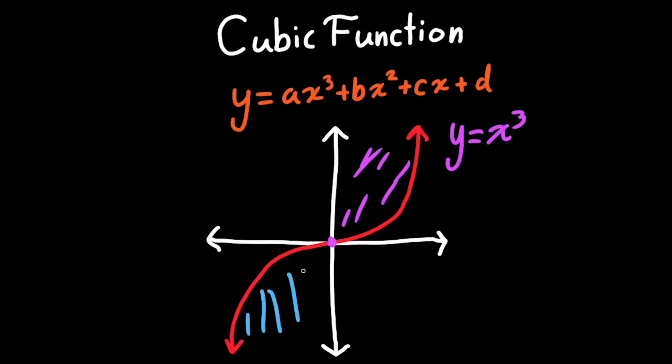This is the concave down area. Now, for all our purposes, this is not super important. This is more pertinent to some calculus applications, but it is somewhat interesting to know.